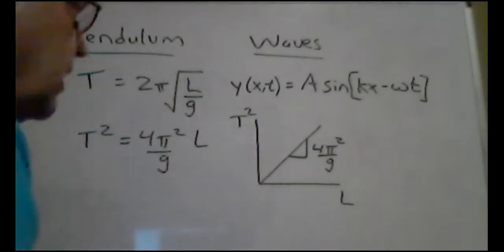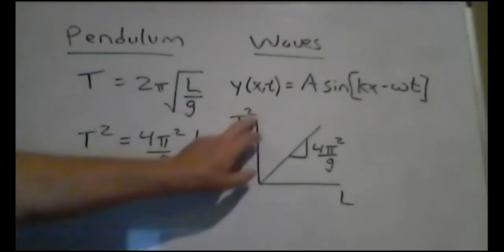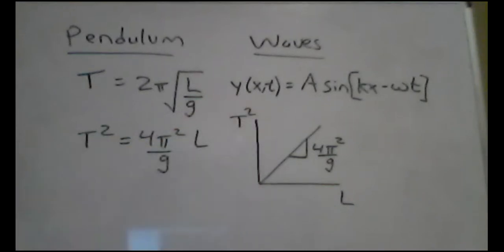So if you have something that's based on a square root, you can linearize it by just taking the square and imagining that your variable is T squared instead of T. T squared versus L is linear. You should see a linear behavior when you do the T squared. That's why we're doing that.